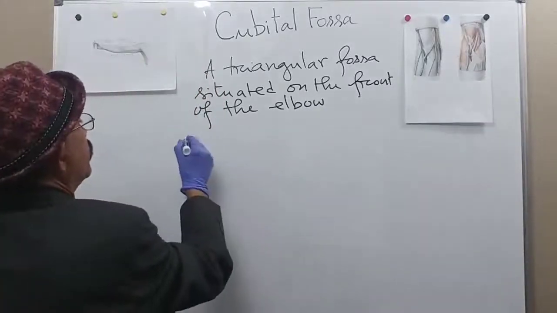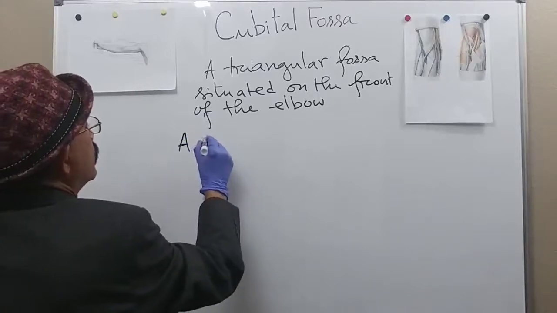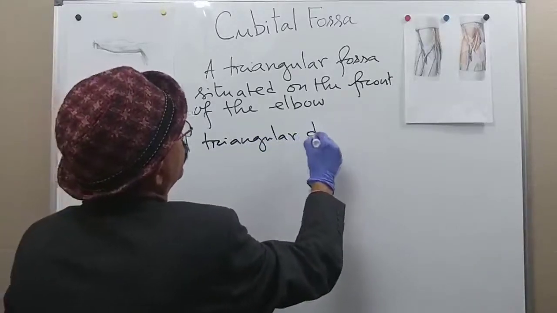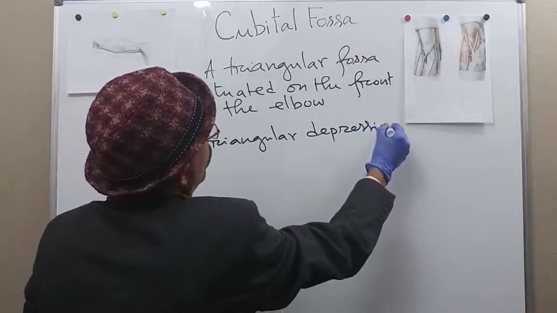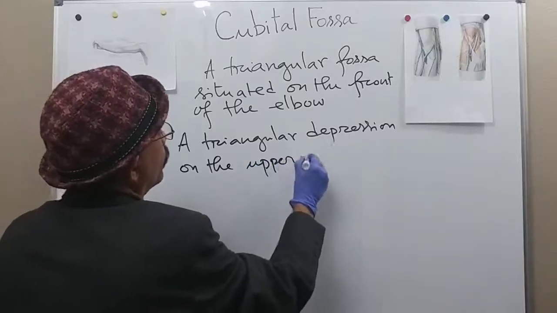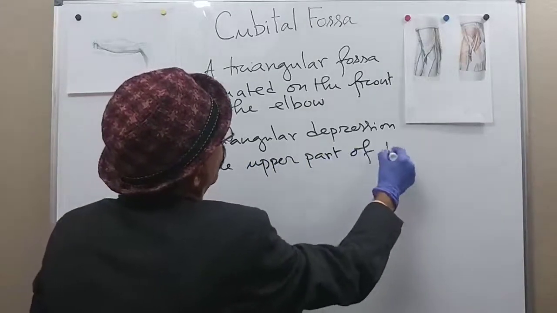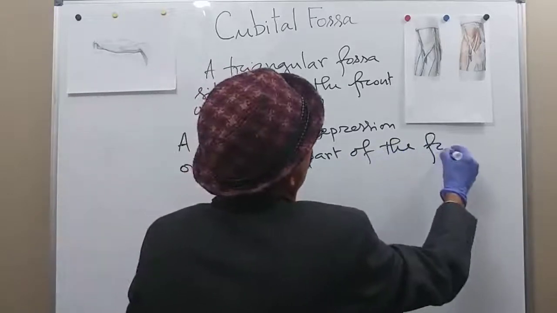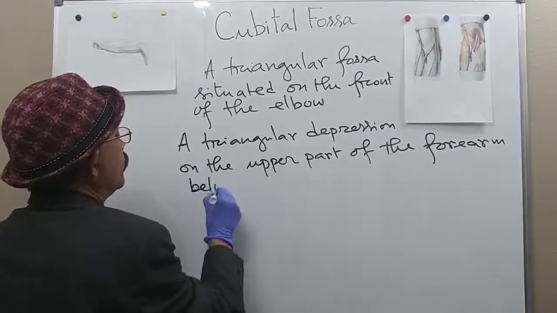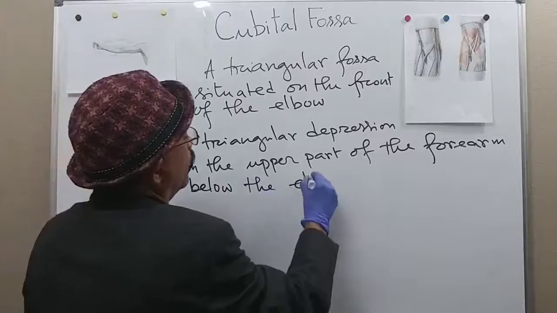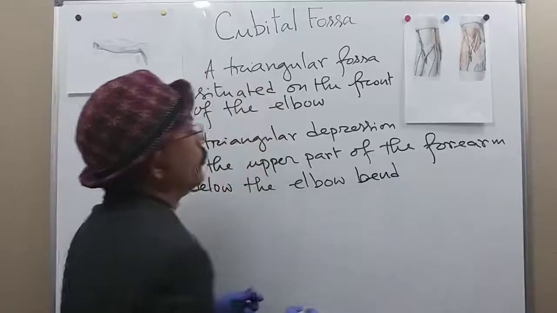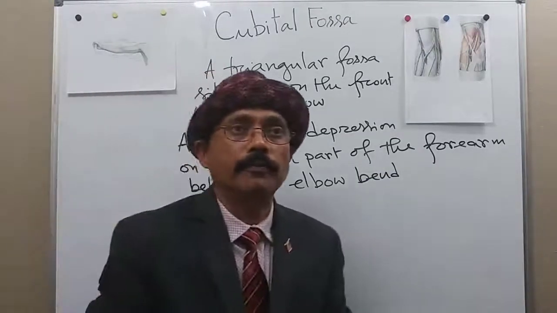You can also say it is a triangular depression on the upper part of the forearm below the elbow bend. Okay, we got that. The cubital fossa.